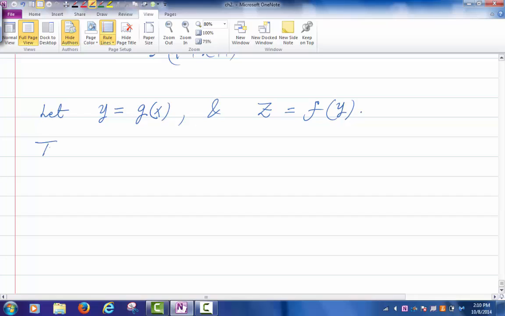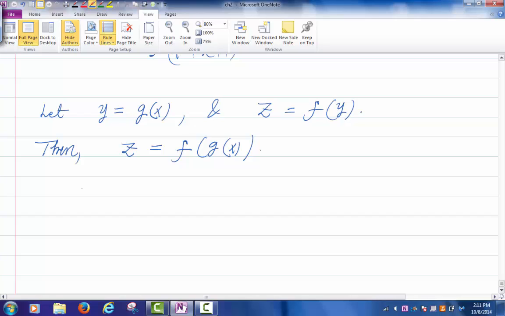And then what can we say about z? We can say that z is f of g of x, right? If z is f of y, y is g of x, then z is f of g of x.